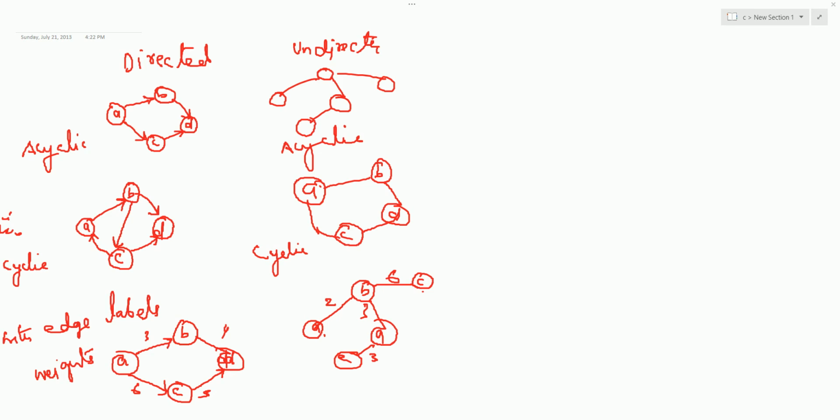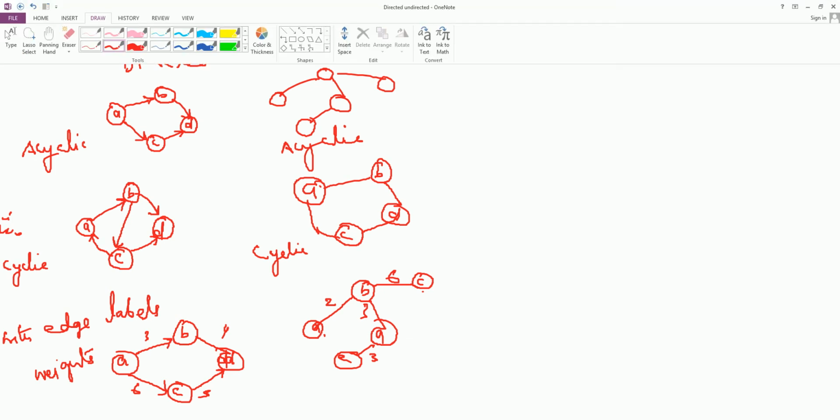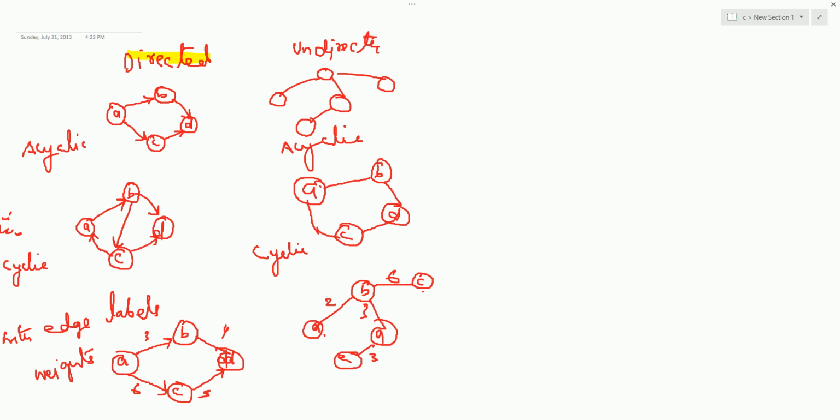Now this is a little visualization of directed and undirected graphs. This is my directed graph. On this side I have undirected graphs, because on this side we don't have directions. And this one is directed but acyclic.